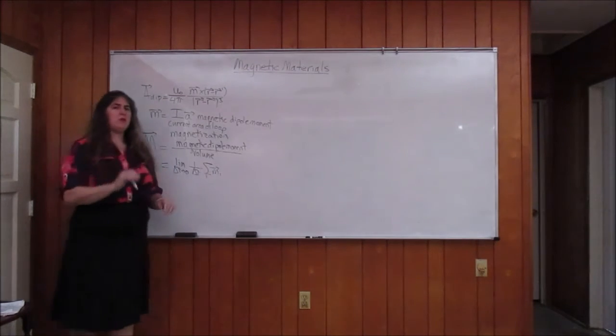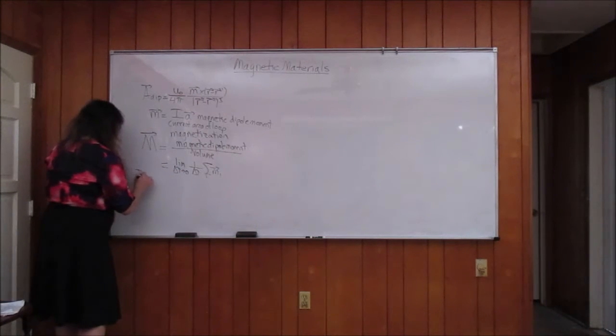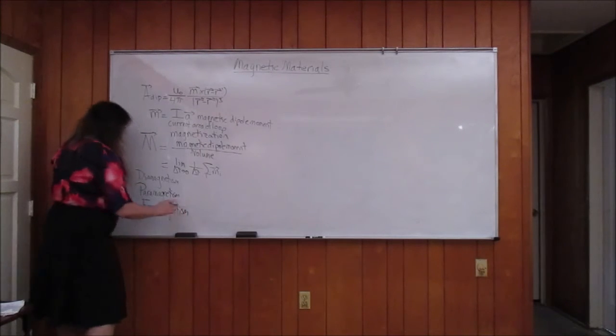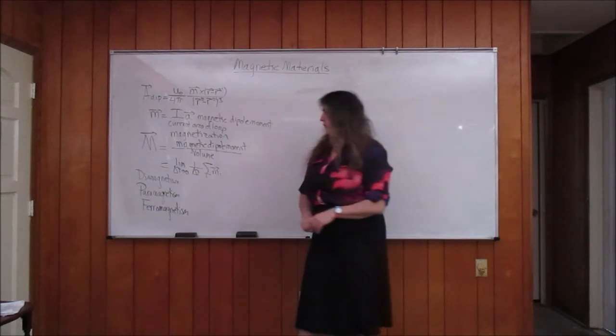But broadly speaking, there are 3 classes of magnetism. We have diamagnetism, paramagnetism, and ferromagnetism.